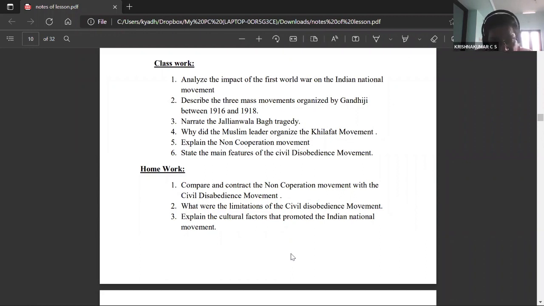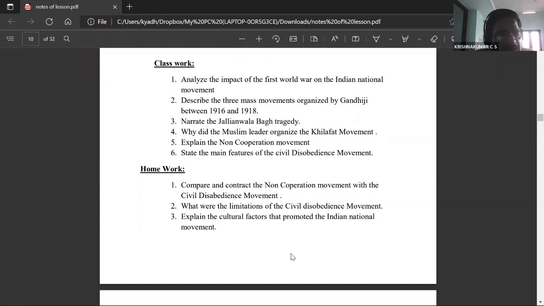That means Indians will elect a parliament, Indians will have their own prime minister and council of ministers, and they will have the real powers. But at the same time, there will be a viceroy as a representative of the British government. That means India will continue to be a part of the British Empire, but Indians will have a more active role to play in the administration of their country. This is what we call Swaraj.